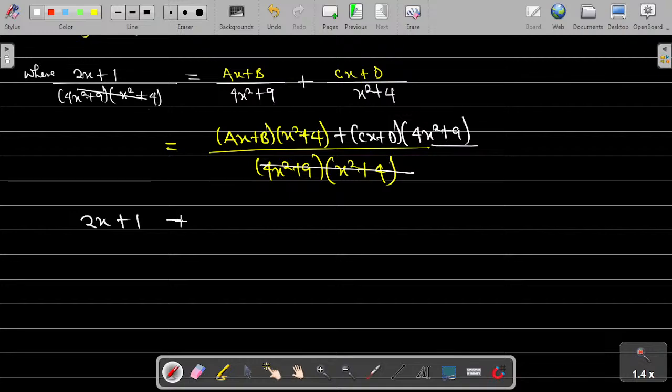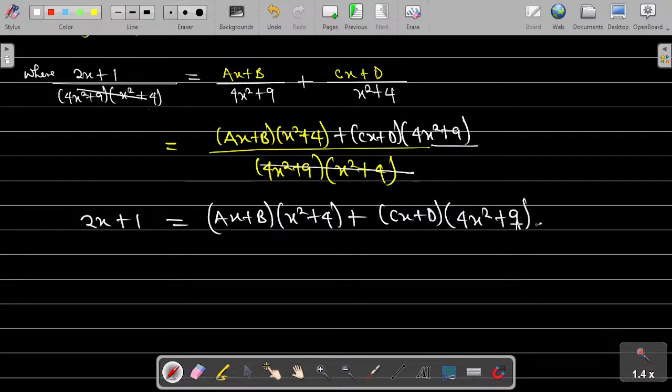So we'll have that this is equal to (ax plus b) multiplied by (x squared plus 4), plus (cx plus d) multiplied by (4x squared plus 9). This is the first thing you are asked to put forward in your material, and they called it equation 1.